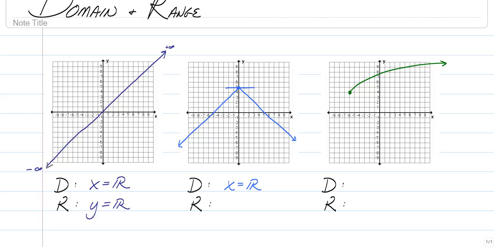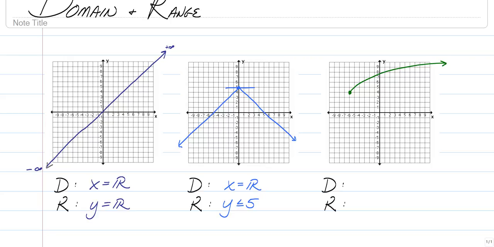We have to list what values are there. So since 5 is your maximum value, we say y is less than or equal to 5. Okay, so again, range is up and down. It never gets above 5, but it goes down forever and ever. So that's why we say y is less than or equal to 5, because that would cover negative 10, negative 1,000. It's going to keep on going down forever and ever.